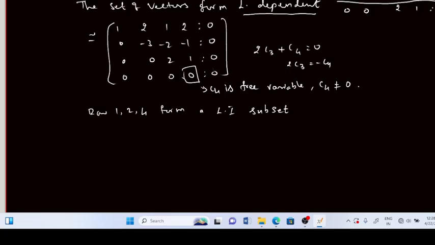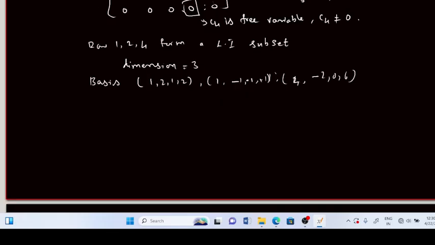So the dimension is 3. Why? Because we have 3 rows having some elements which are not equal to 0, and we can write the basis. We can also solve the problem by using the row space.